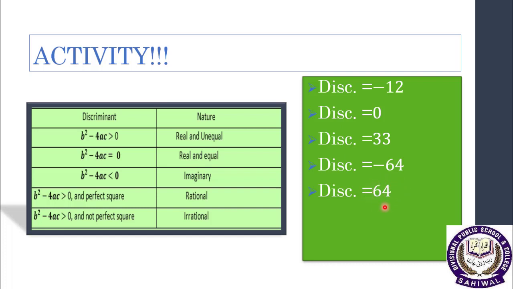As 64 is a perfect square, the roots are rational. Now the discriminant is minus 169. Since it is a negative number, the roots are imaginary or the complex conjugates of each other. Now the discriminant is 121. 121 is a positive number and it is a perfect square of 11, so the roots are rational and unequal.